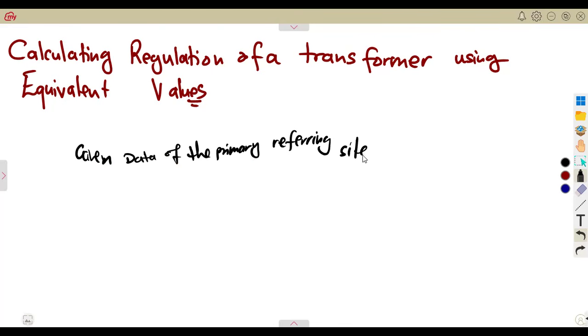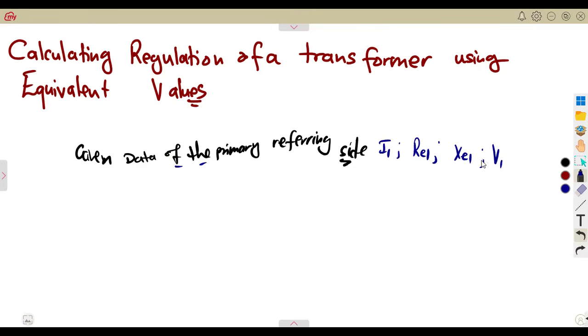So let's say you're considering that it is the primary referring side that you have, where you have the current I1, and you're going to talk of the equivalent resistance, the equivalent reactance, and definitely from the primary side, you'll be having V1, having phi as the angle that is given, which can be the angle of lead or angle of lag.